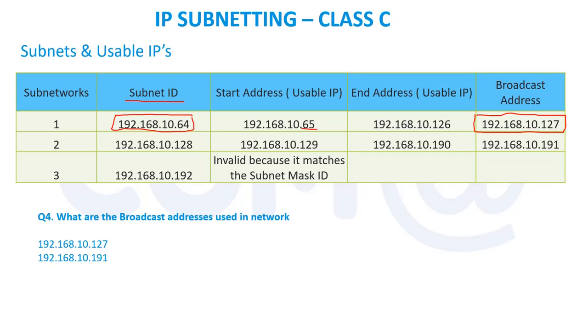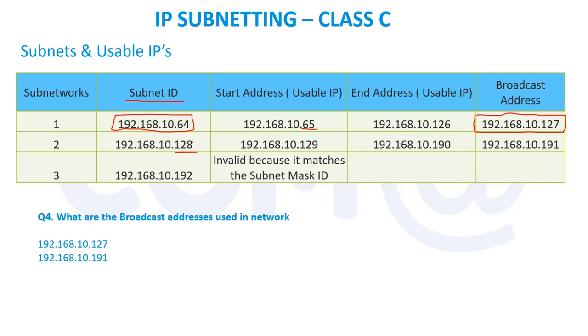For the last usable IP, some people will get confused, because it is saying 64, so they will have to add 64 numbers to it. Otherwise, what we can do is go back in reverse order. The next subnet ID is 128.